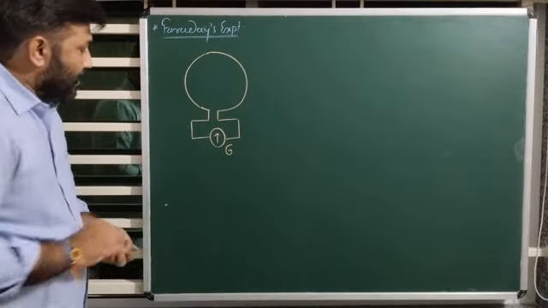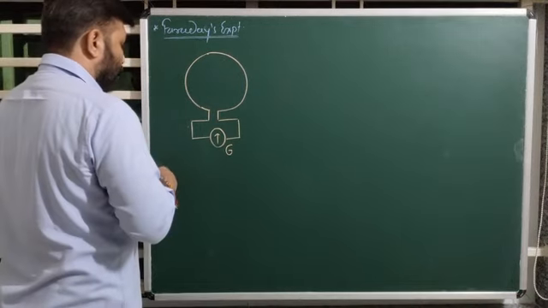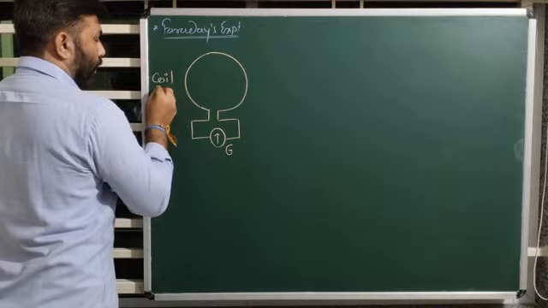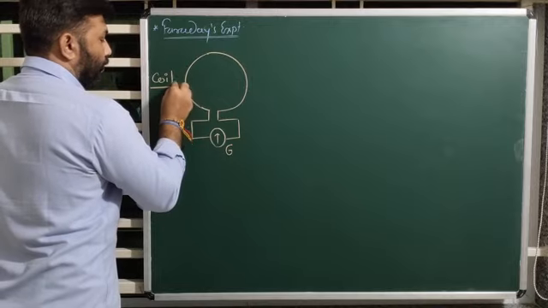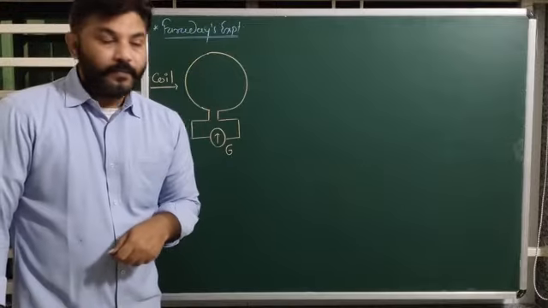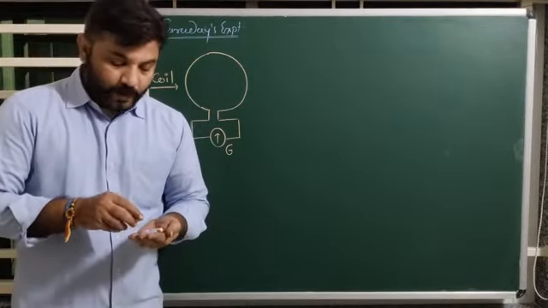The galvanometer is connected to that coil. So, here, what to write? How to write? Consider a coil which is made up of soft iron and it is connected with a galvanometer.